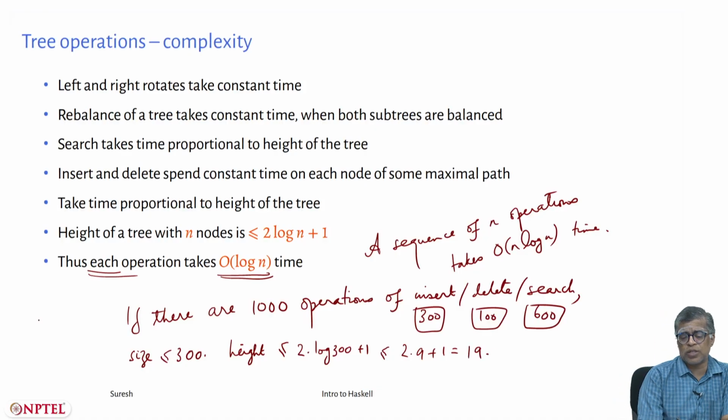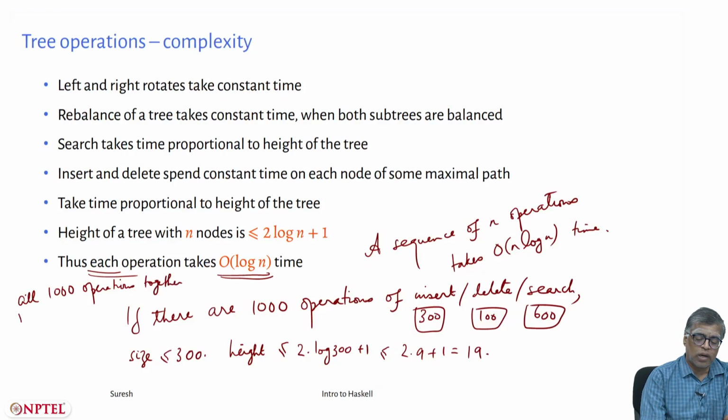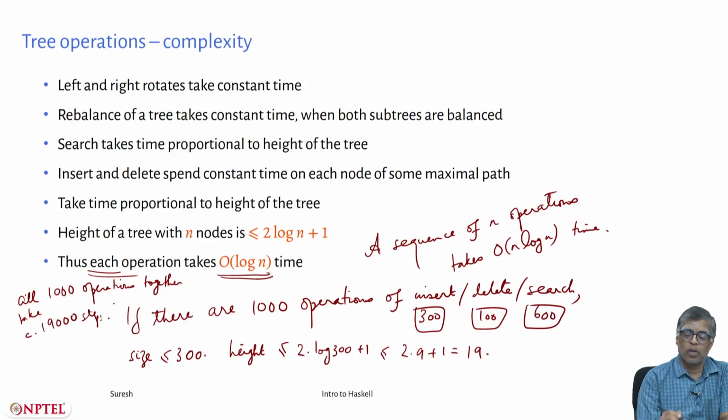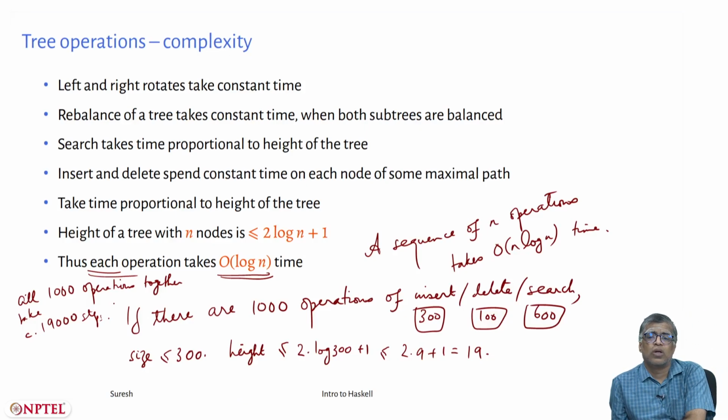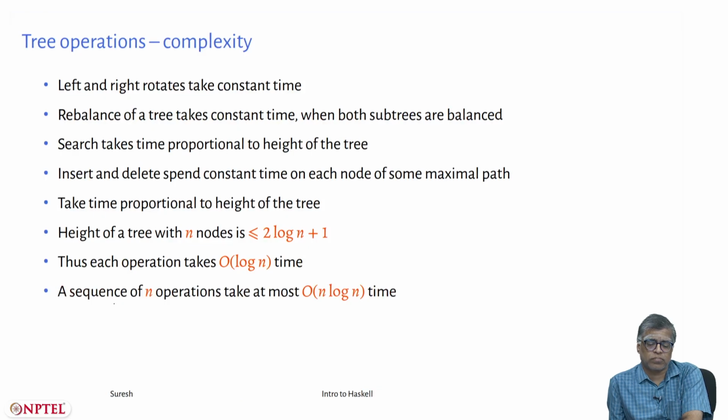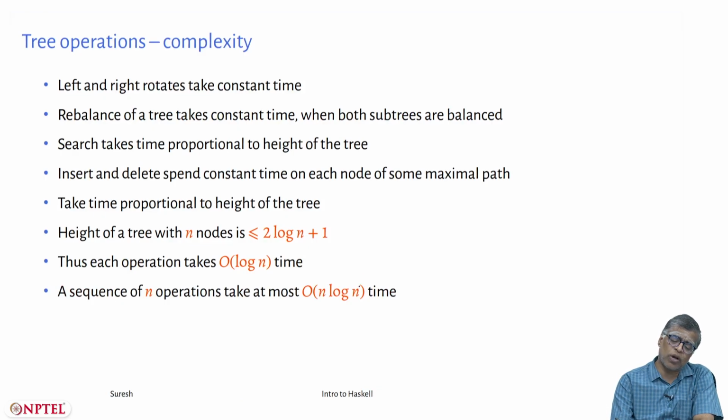So overall all 1000 operations put together take some fixed constant times 19, about 19,000 steps, right? So this is the kind of estimate you can make. Okay. So a sequence of n operations takes at most order n log n time.